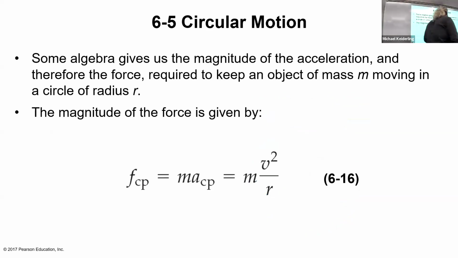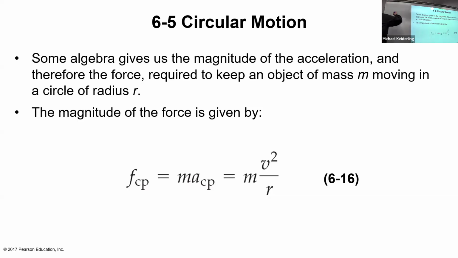So that force, the centripetal force, is mass times velocity squared over the radius. I can quickly derive that with calculus if you want me to.